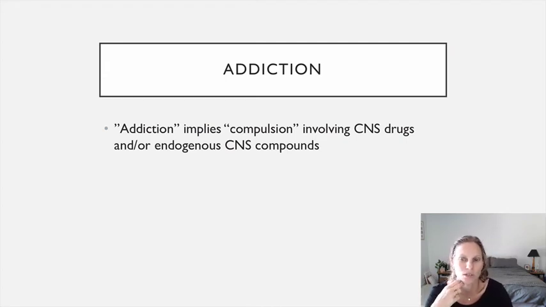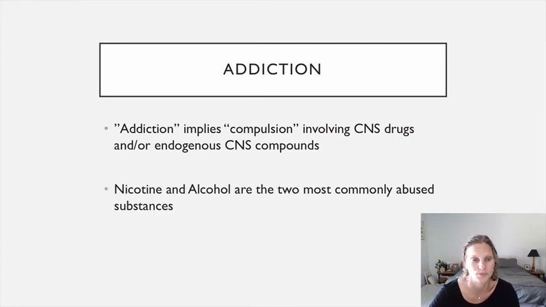It's not a drug necessarily, but it's an endogenous compound that's still releasing chemicals in the brain and altering neurochemistry. So anytime there's addiction, there's always this compulsion aspect to the picture.